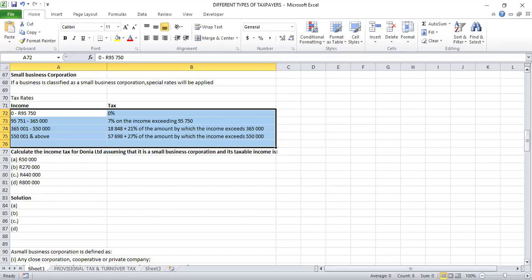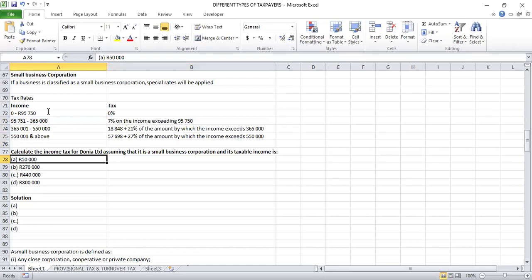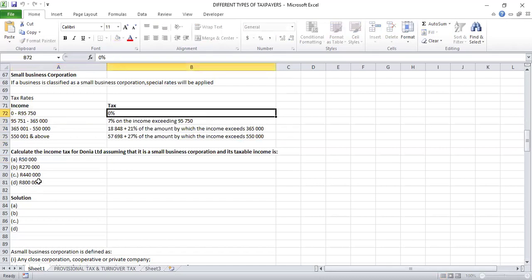0 to 95,750, it will be 0%. 95,751 to 365,000, it will be 7% on income exceeding 95,750. Right, on and on like that. So how do we determine the tax of a small business corporation? If they earn 50,000, it is within the 0 to 95,750, therefore tax will be 0%.